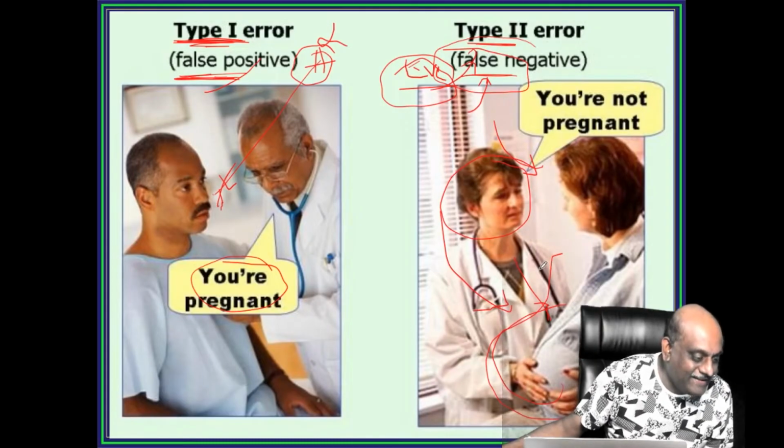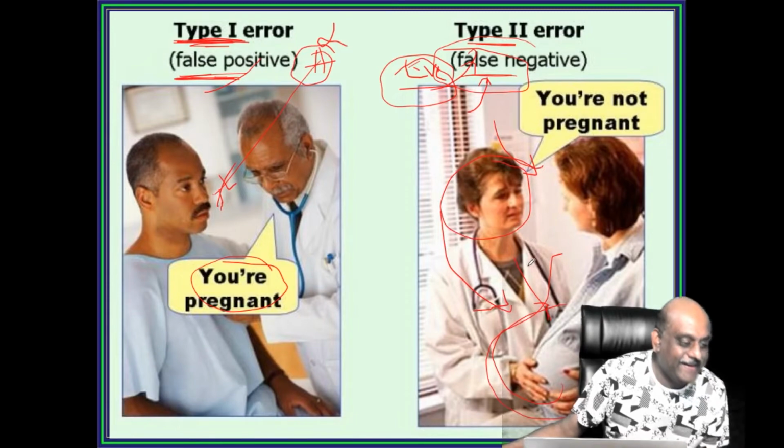Beta error, Gandhari is blind. Alpha error, Sita Mata.